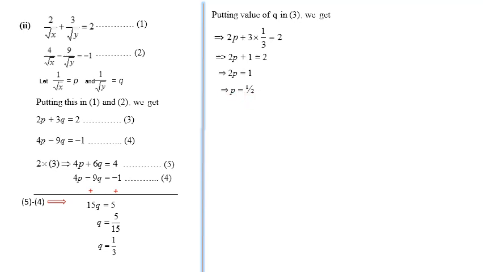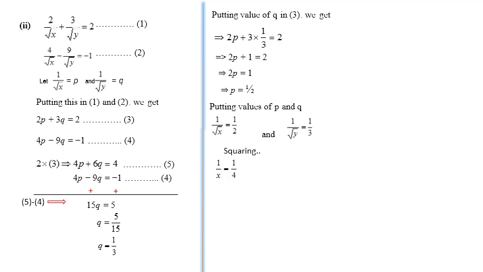Actually p and q are what we introduced to the question ourselves. Now we have to calculate the values of the original variables x and y. Again substitute: 1 by root x is equal to p, the value of p is 1 by 2, and 1 by root y is equal to 1 by 3. Here root is there in the denominator, and here also. To eliminate the root we have to square the equation.